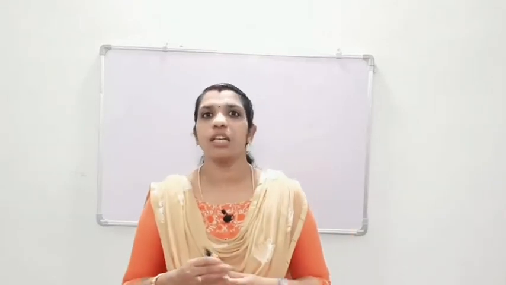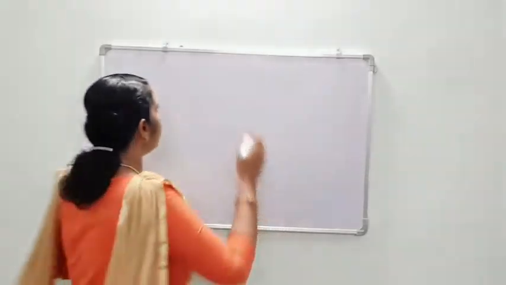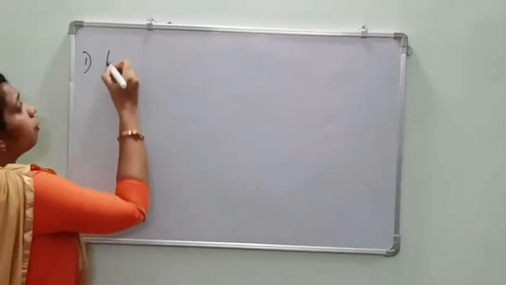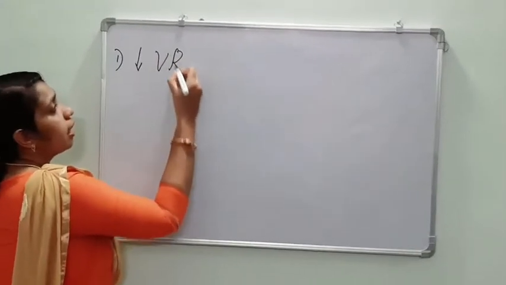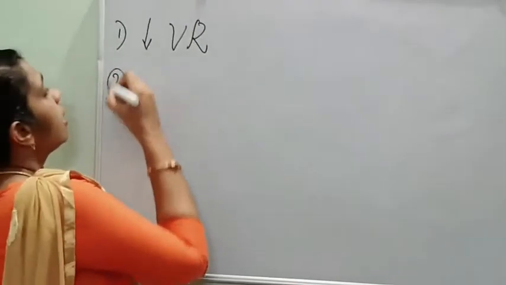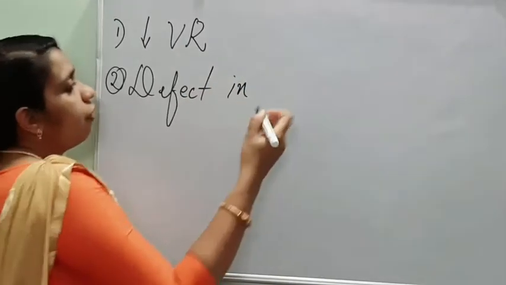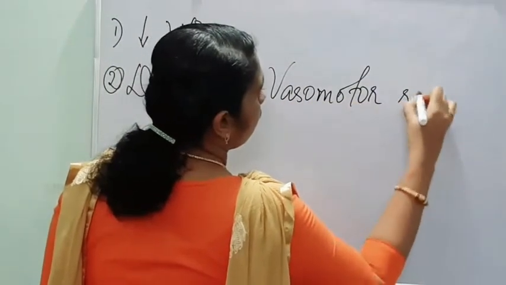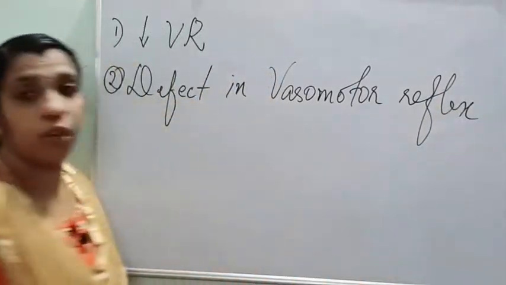You understand? So next we are going to the pathophysiology of syncope. Basically there are two important pathophysiologies as far as syncope is concerned. First is when there is a defect in venous return, when there is reduced venous return, and second is when there is a defect in vasomotor reflex.